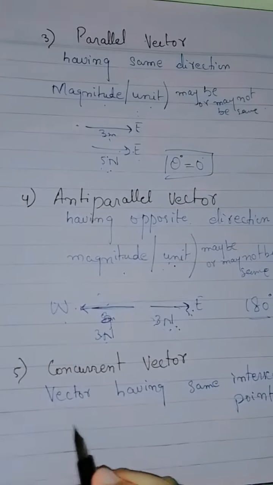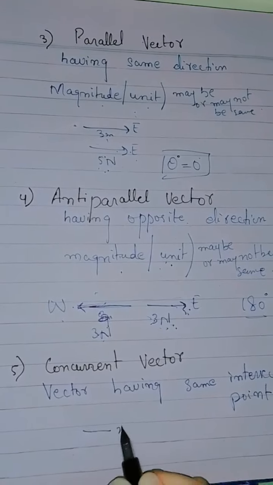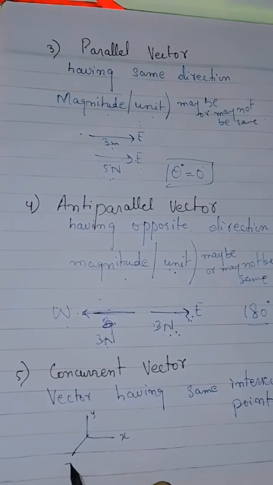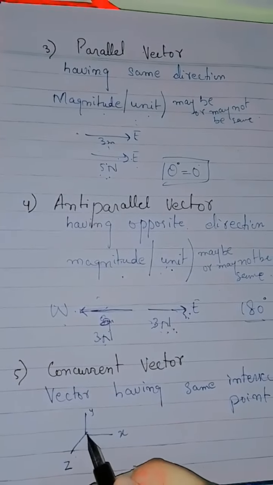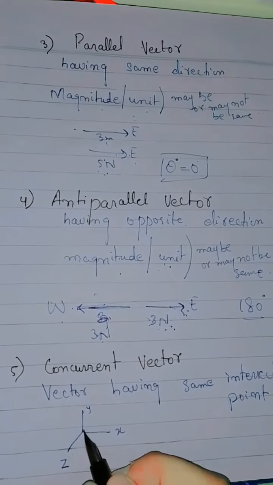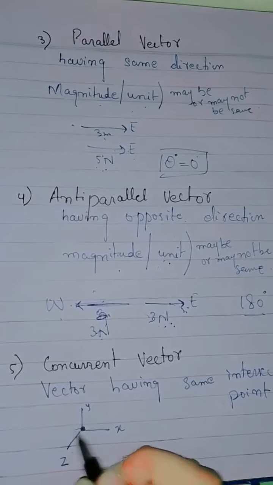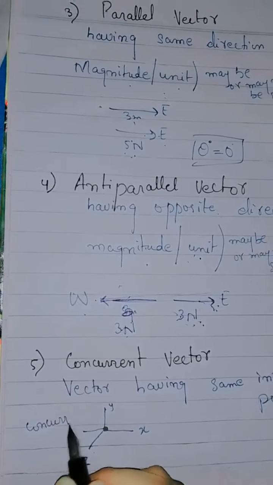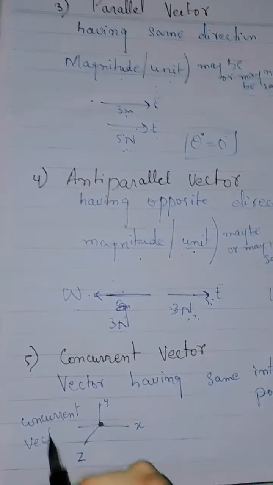For example, there are 3 dimensions, that is x-axis, y-axis, z-axis. These 3 dimensions meet at a point that is called the intersecting point, and those will be called concurrent vectors.